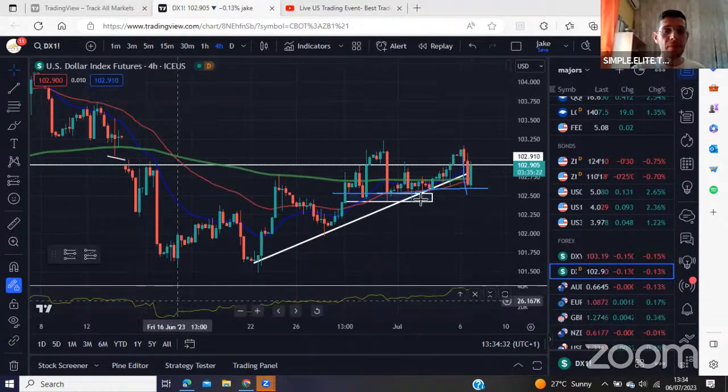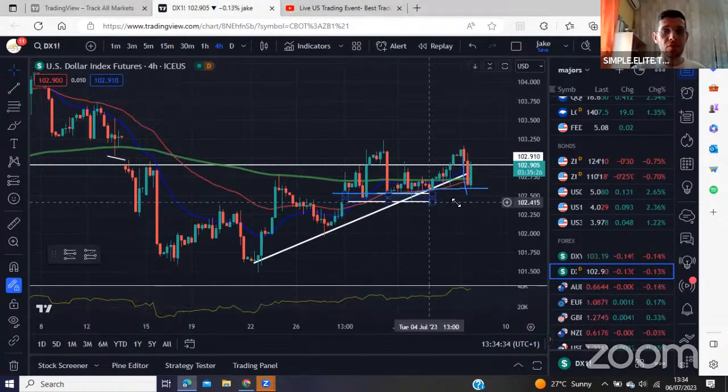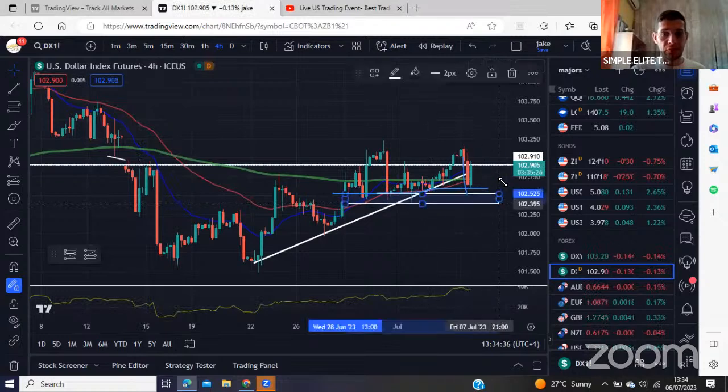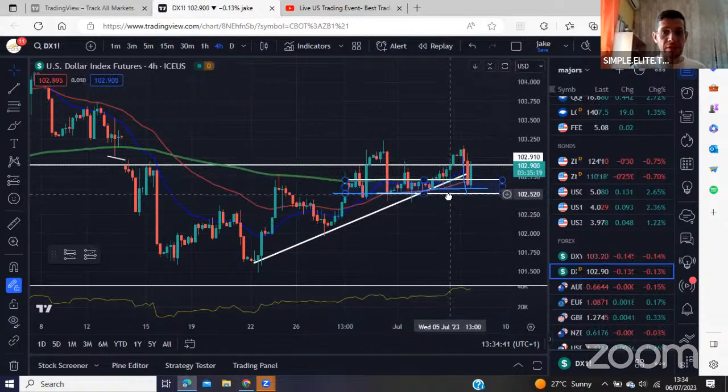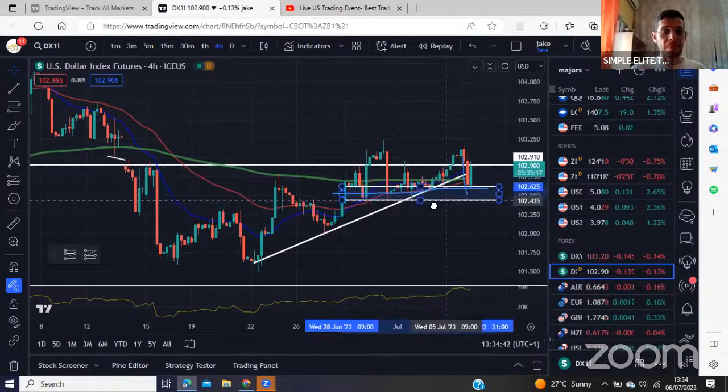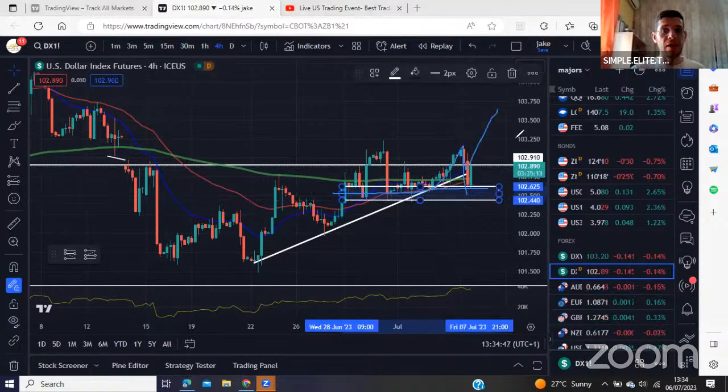So I'm not considering being in the trade until this level is cleared. Same thing, if price is above 103, I will change my plan accordingly.